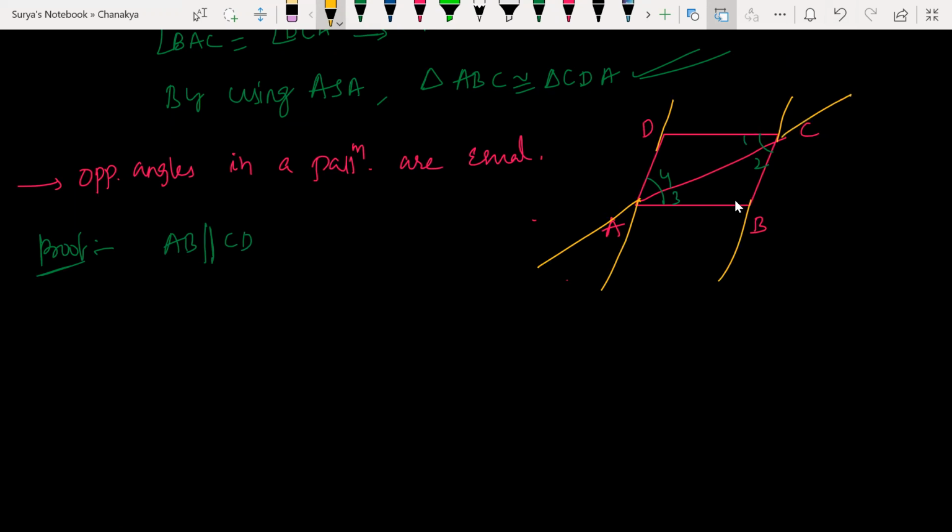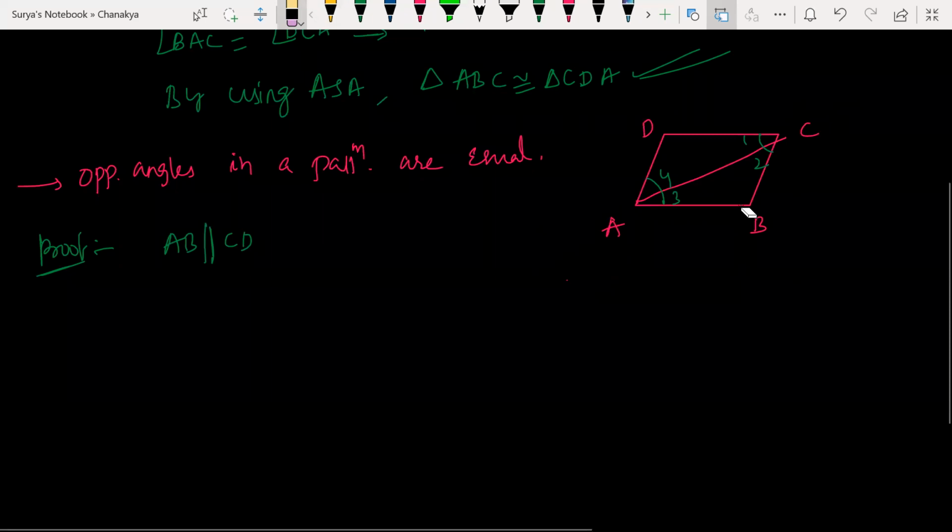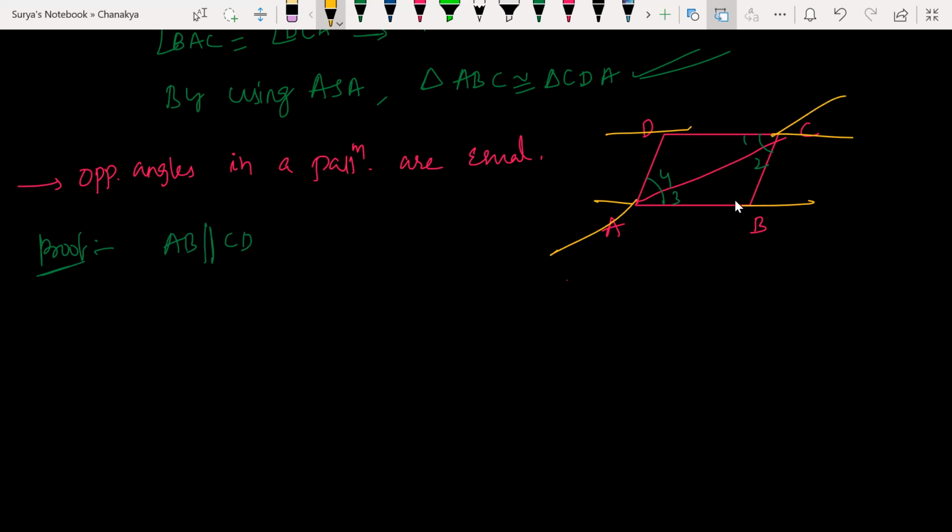If I extend AC, here AD and BC are parallel to each other. Extend these two now. Look at this here. AB and CD are parallel. AC is a transversal line. Yes or no?